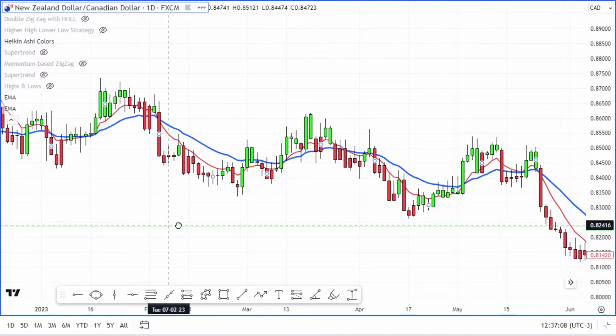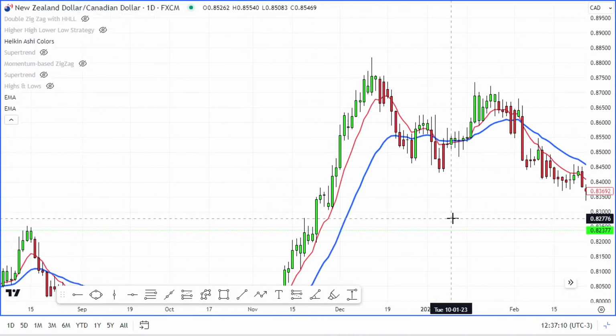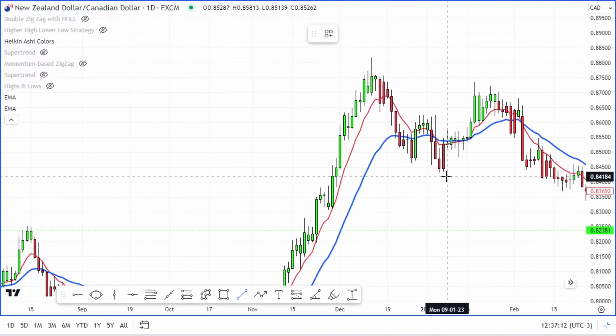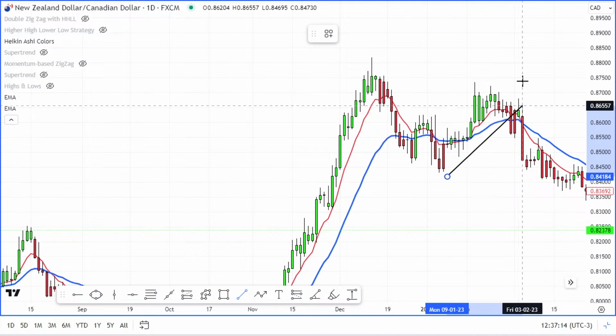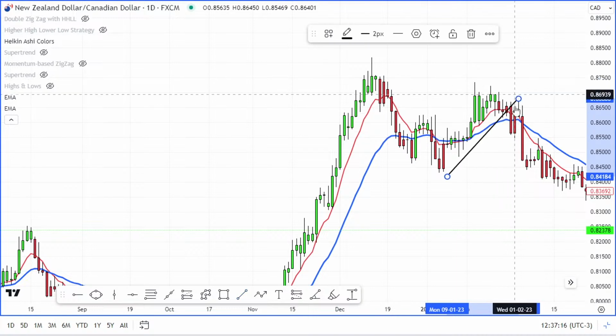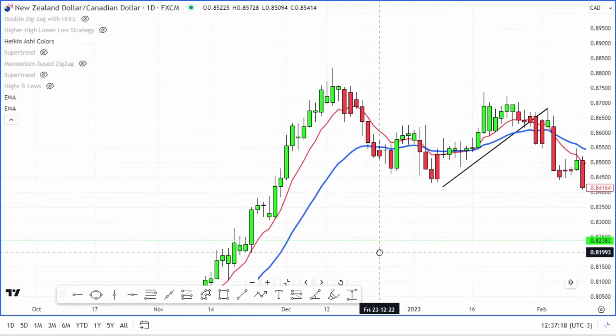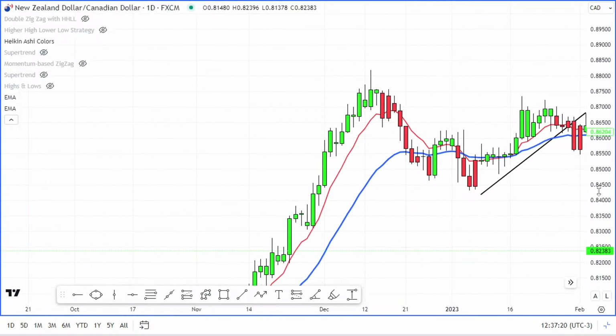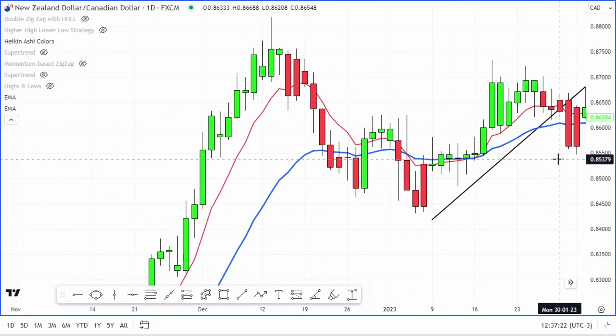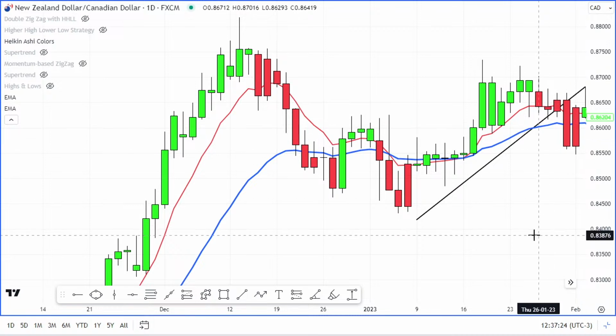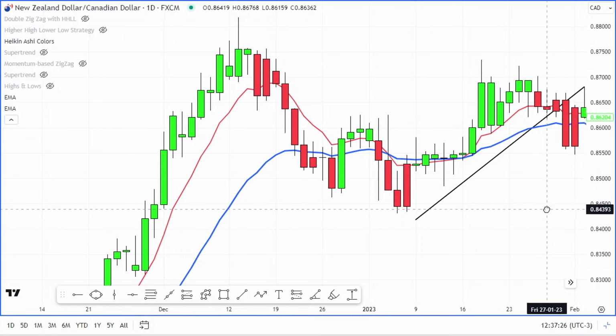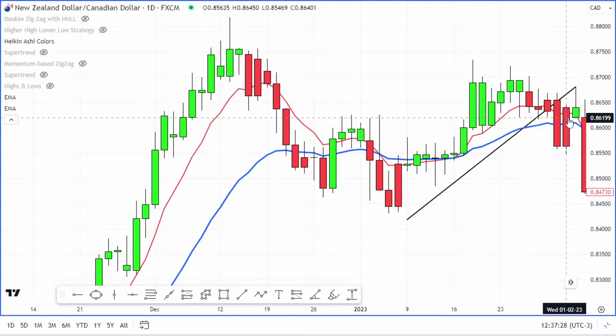You can say you are going to short the market in here, just an example. And as you can see, the Heikin Ashi candles are red, right? And then here the Heikin Ashi become green.